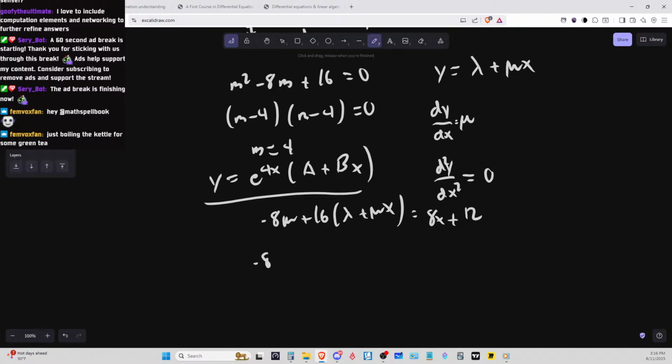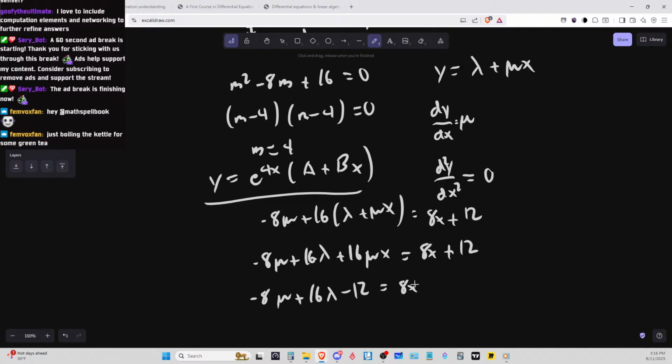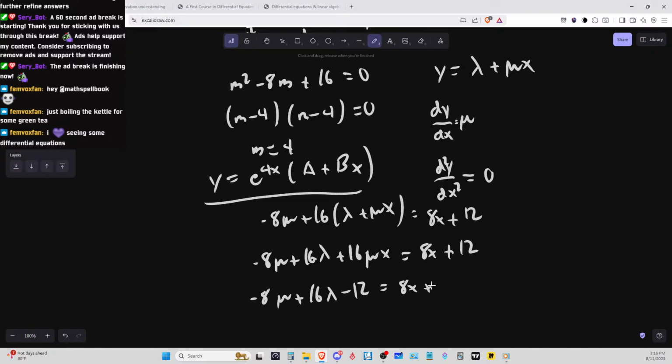Alright, so we have 16 lambda plus 16 mu x, 8 plus 12. Then we'll move all the constants to one side and all the variables to another. So we'll do this. 8 plus, oh no, that's minus. It's supposed to be minus 16. Minus 16 mu x.